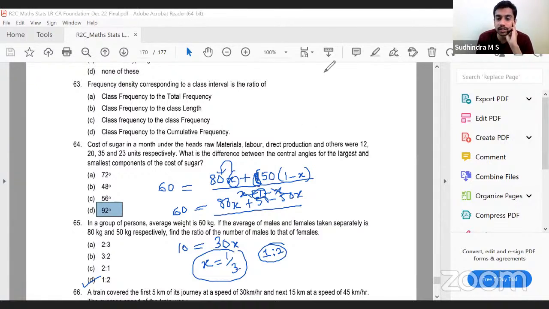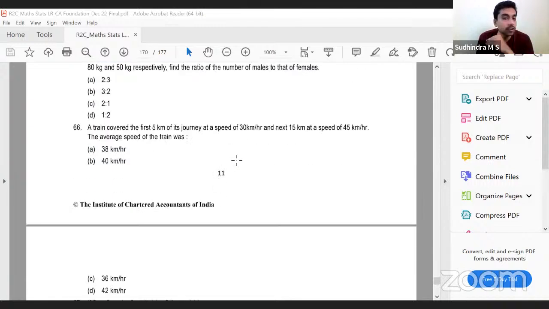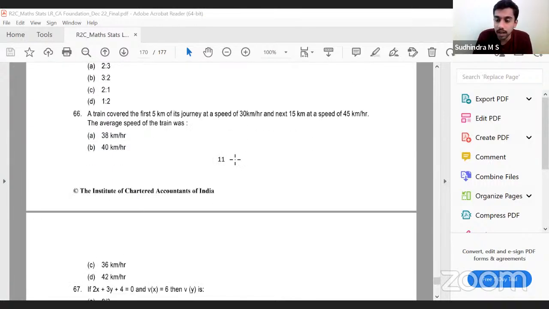Next question. A train covered first 5 kilometers of its journey at a speed of 30 kilometers per hour, next 15 kilometers at a speed of 45 kilometers per hour.